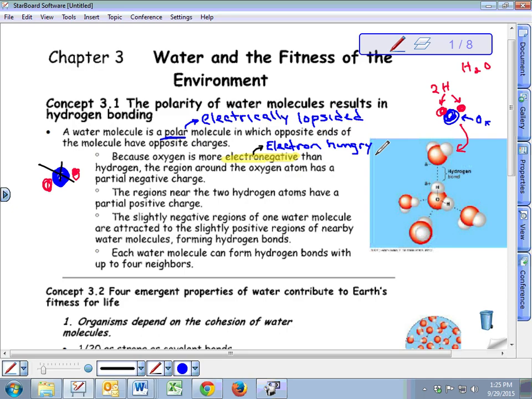The more electronegative something is, the more electron hungry it is. It wants to pull electrons to it more strongly than something that's very not electronegative.